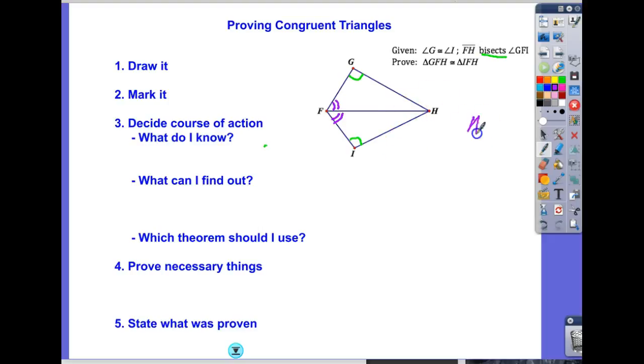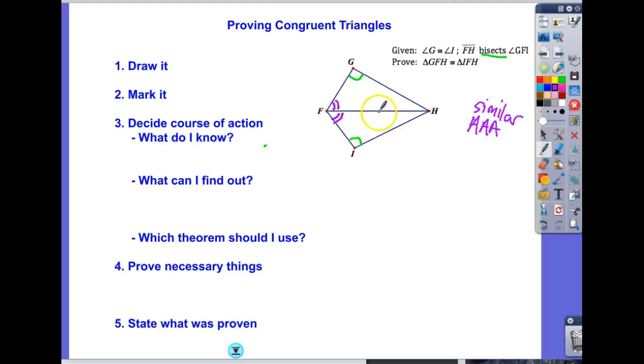But I can't use angle, angle, angle to say it's congruent, right? That is a similarity. Angle, angle, angle is for similar triangles, because this could be any size. The angles can be the same, but they could be different size. So I need to prove something else. What can I prove?